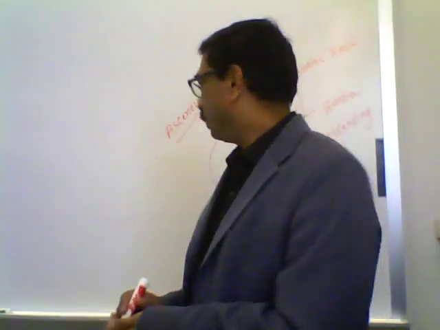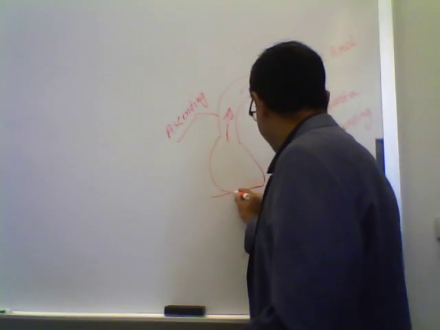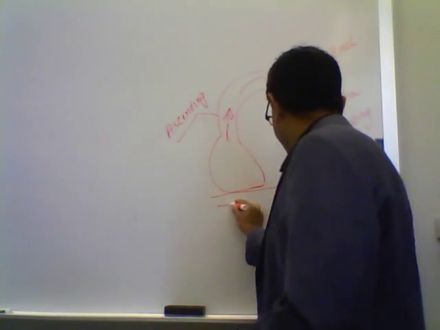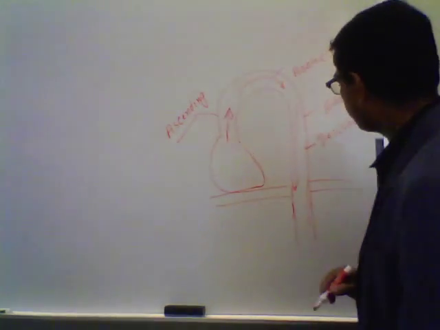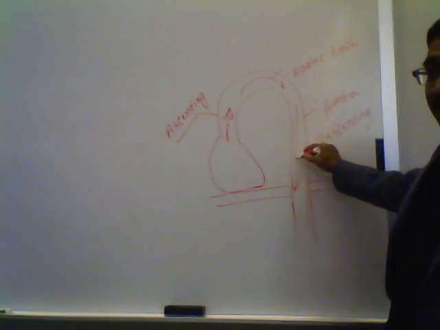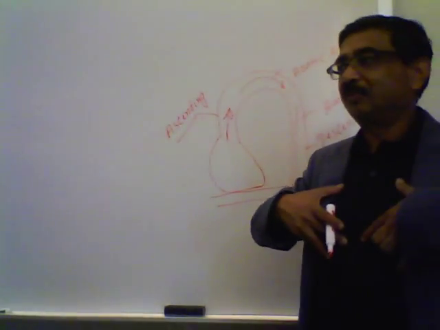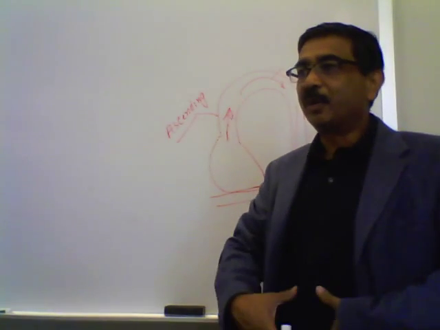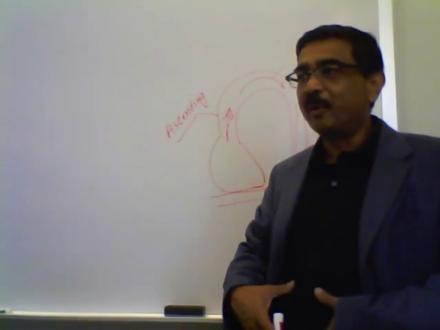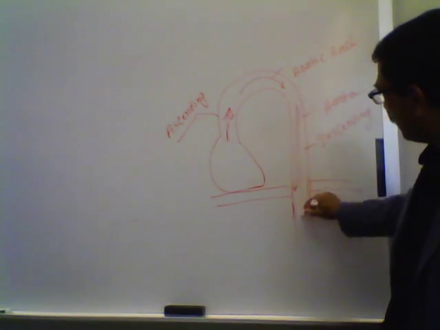right? So you have the diaphragm here. You know that heart rests on the diaphragm. So your diaphragm is here. Above the diaphragm, which part is this? Thoracic part, right? And below the diaphragm, abdominal. Make sense? So descending aorta has two parts.